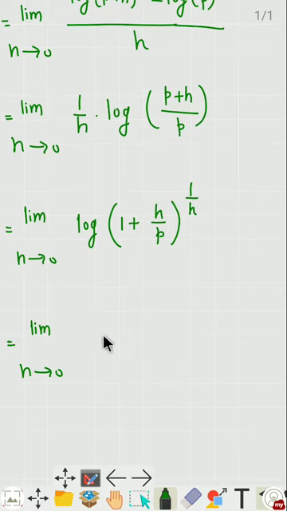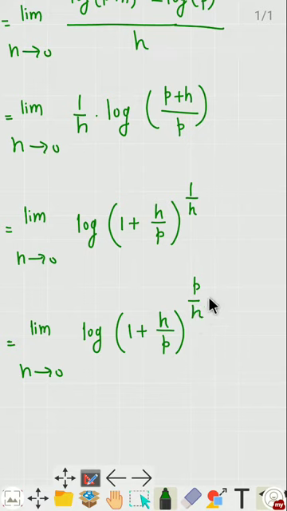So what I want here is log of 1 plus h upon p, and I want here p upon h, and divide by p.